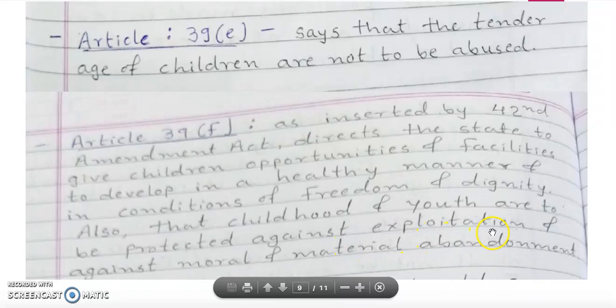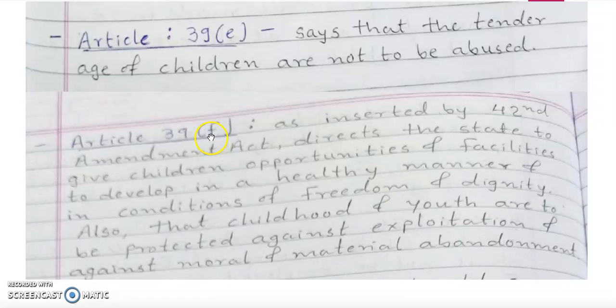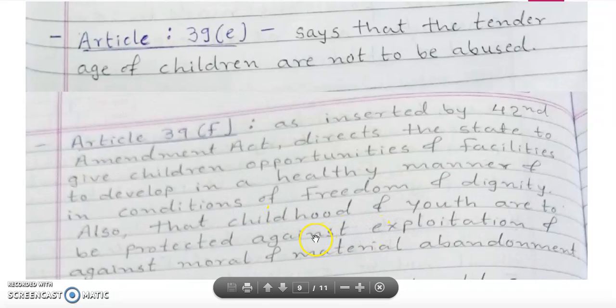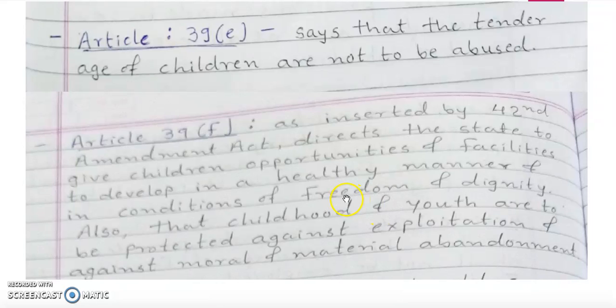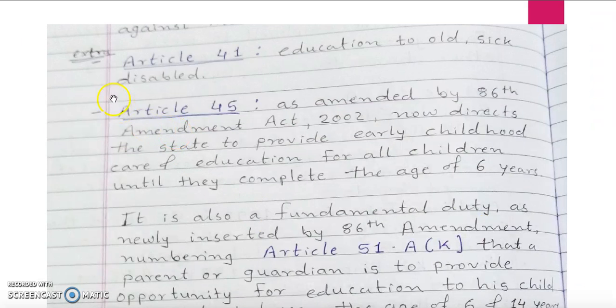So Article 39 Clause F provides some directives to states where they can make rules which protect them against exploitation. At the same time, they also provide freedom and dignity. Remember this. Now next is Article 41.